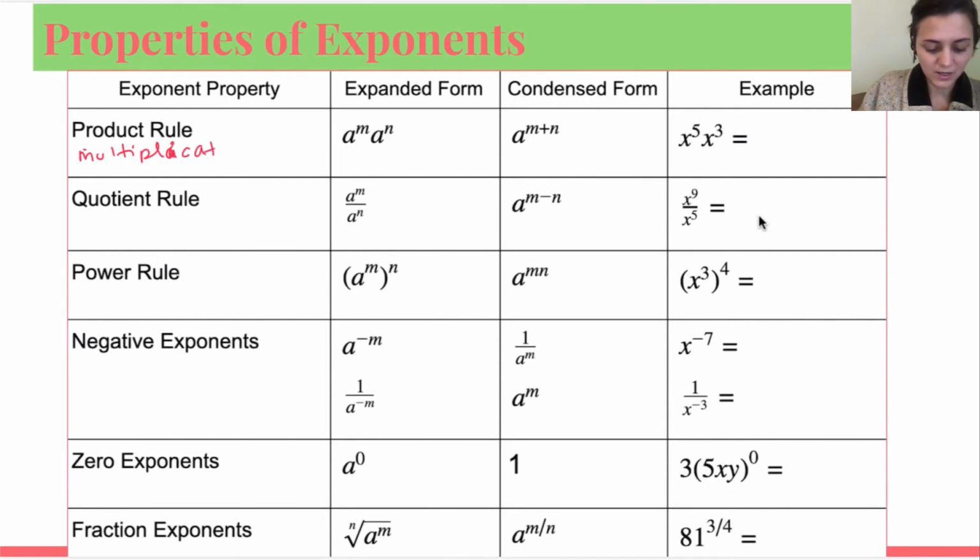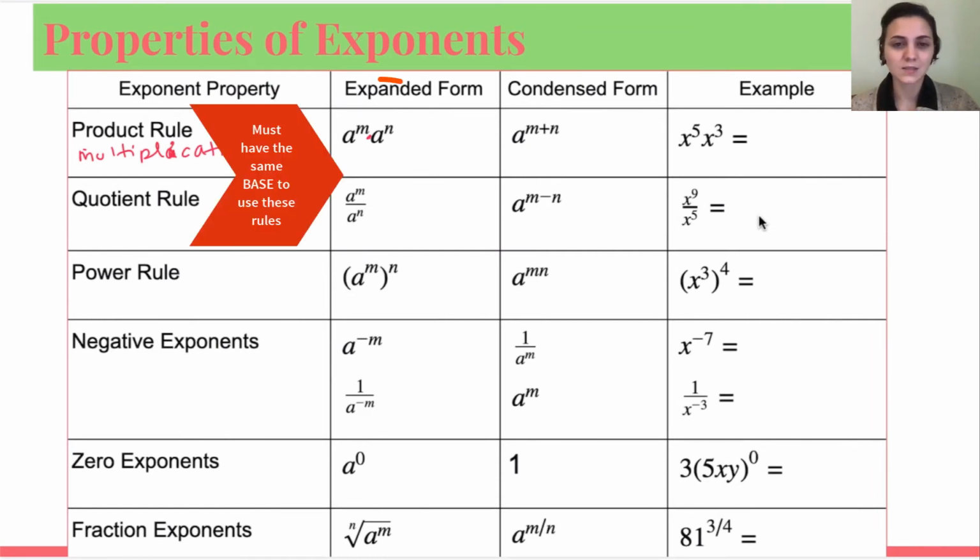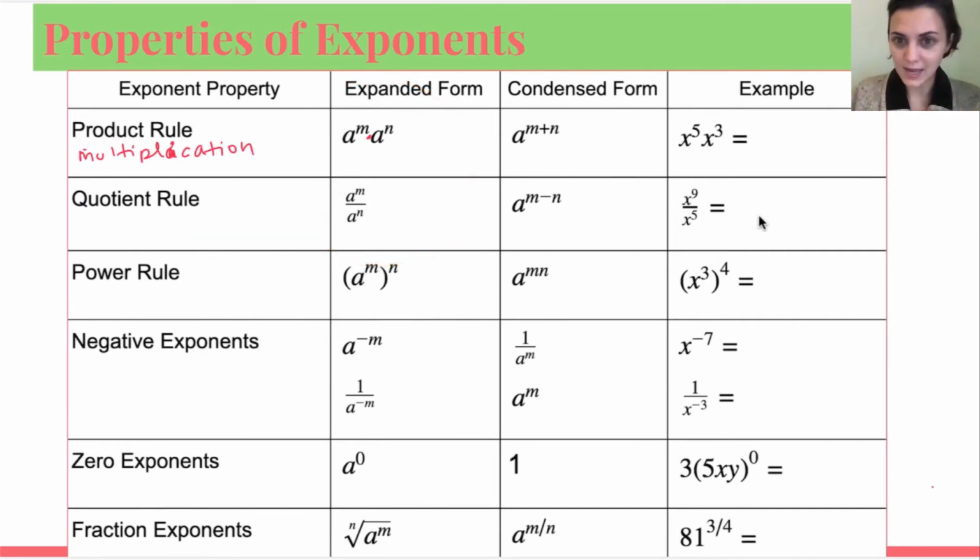So whenever you're multiplying two terms that have the same base, you can see all of these have a base of a, then you can add the exponents. So in our example, the example has two terms multiplying together. They both have a base of x, which means we're able to add the exponents. 5 plus 3, which is x to the 8th power.